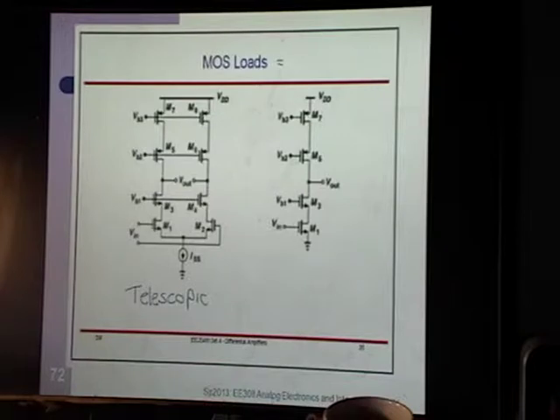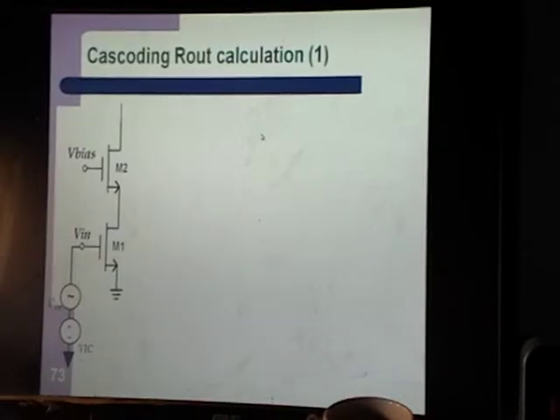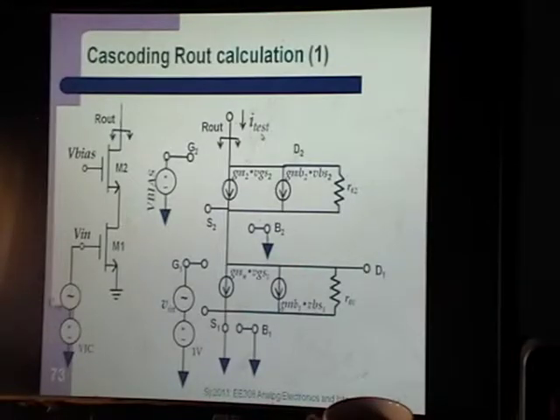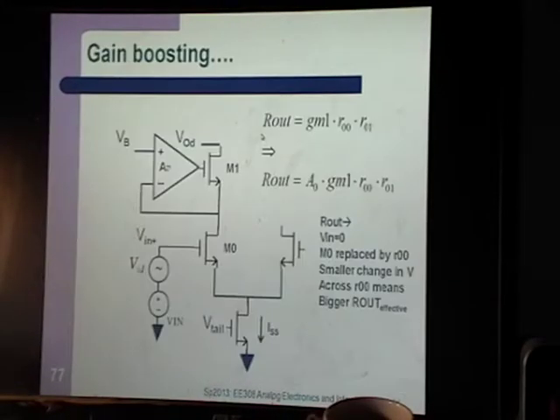Okay, so that's telescopic. And then the calculations of why it's RO squared. All right, so we're done with telescopic. Cascoding and telescopic.